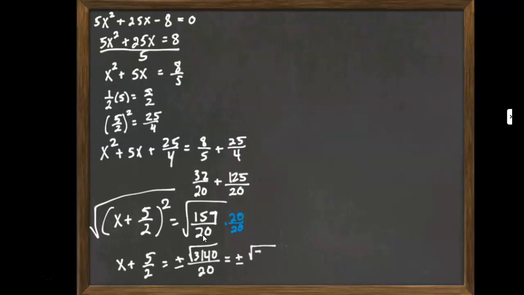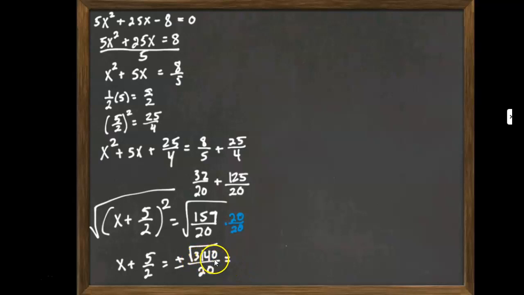So when we do that, multiplying on the top, 20 times 157 makes 3140. So it's the square root of 3140 over 20. And then we simplify. With this 3140, we can actually simplify by pulling out a factor. I had a typo in my work, so I had to pause the video for a moment to fix that.